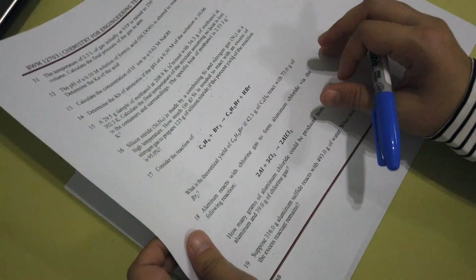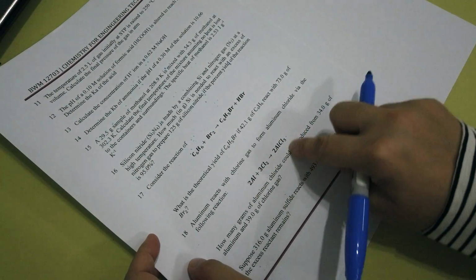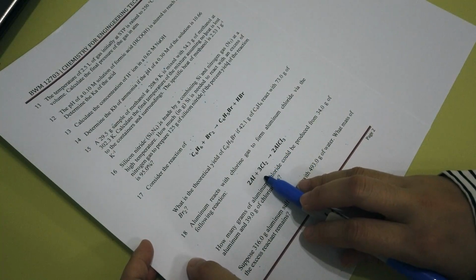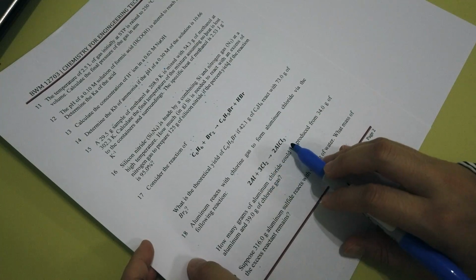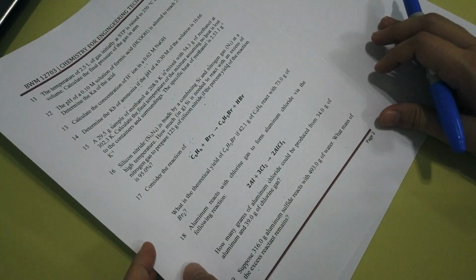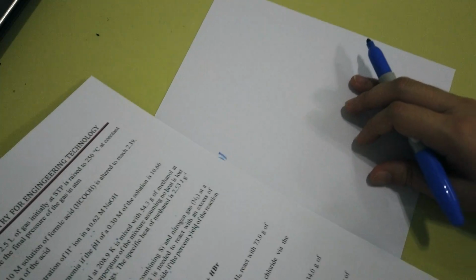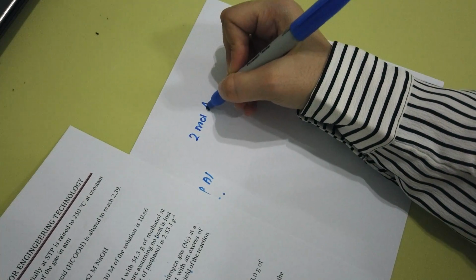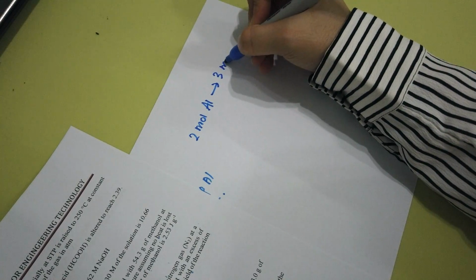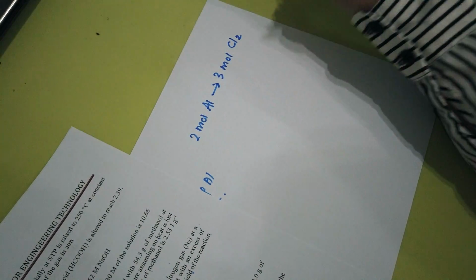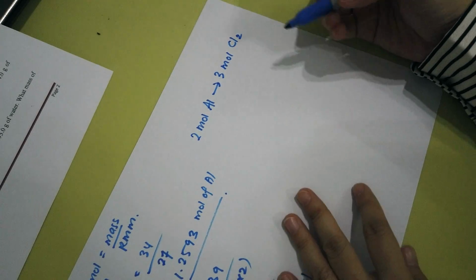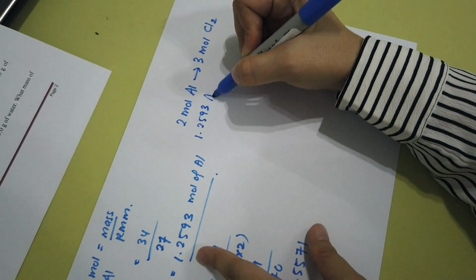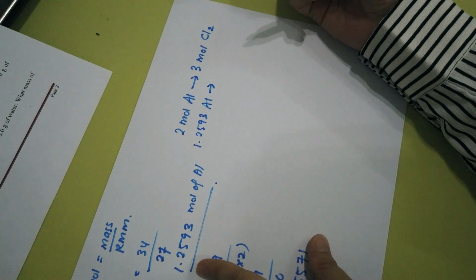Alright. Now you need to check on the equation here. So aluminium you have 2, chlorine you have 6, this is 3 times 2 and here 2 times 3. So it's balanced already. Means that from here you can see that 2 mole of aluminium will need 3 mole of chlorine to produce the product. So now you only have 1.2593 mole of aluminium. So how much chlorine do you need to have?